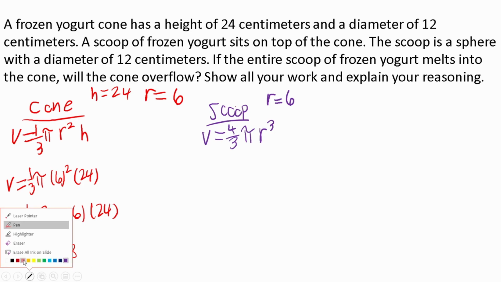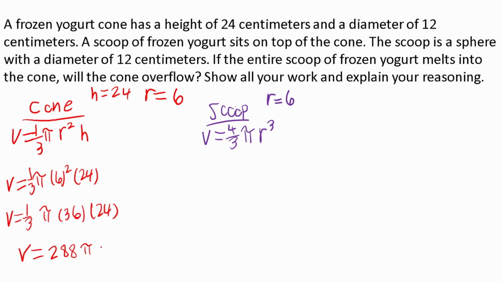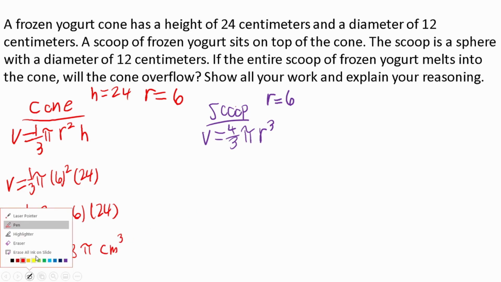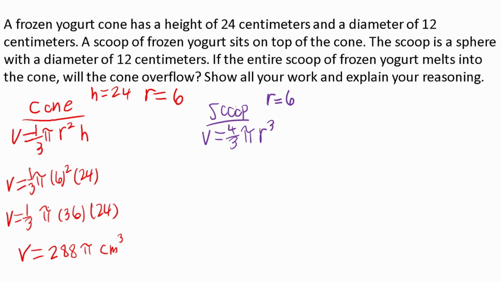Whoops, I'm so sorry. This is 288 pi centimeters cubed. I'm so sorry because we didn't multiply by the pi. We multiplied 1/3, 36, and 24. I apologize about that. So we get 4/3 pi times 6 cubed. So what is 6 cubed? 6 to the 3rd power is 216.